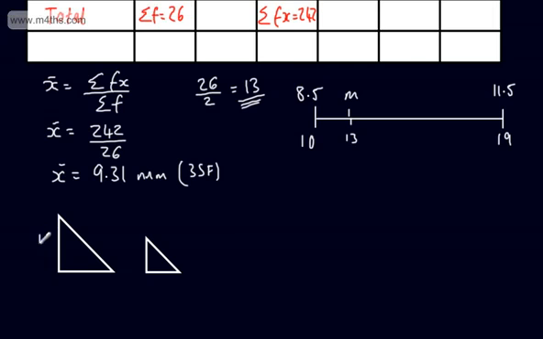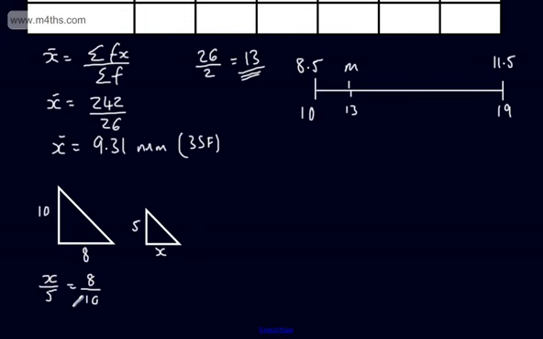If we had 10 and let's say we've got 8 just here, and we've got 5 and we've got x, what we could say is x over 5 will be equal to 8 over 10. Now from this you can see essentially all we're going to do is multiply both sides by 5. That will give us 40 over 10, and x is going to be 4. That's pretty much what we're doing here.